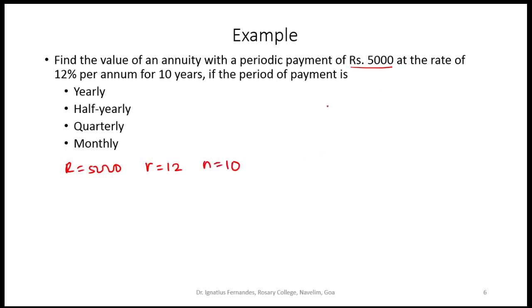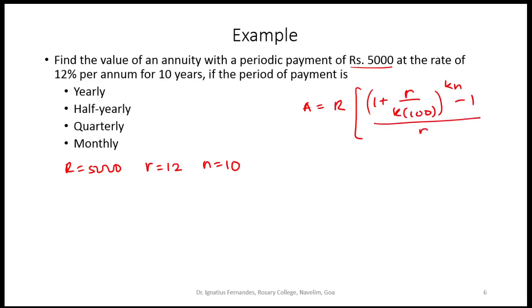We know the formula A is equal to R into 1 plus R upon K into 100, this raised to Kn minus 1, upon R upon K into 100. This is the formula. Now let us say I want to find out the total amount if the period of payment is yearly. That means K is equal to 1 if it is yearly.